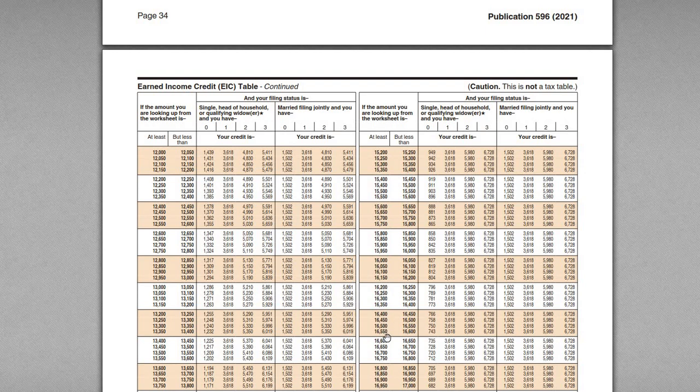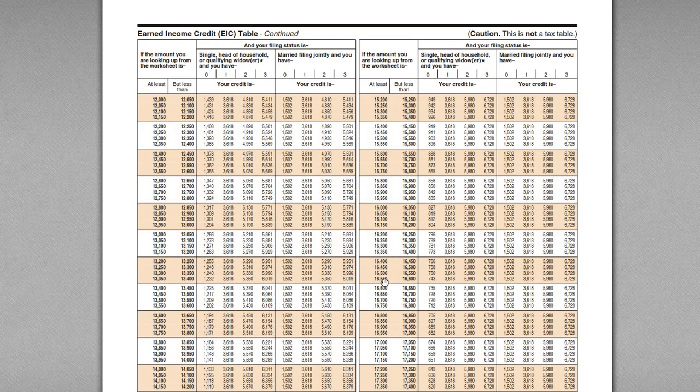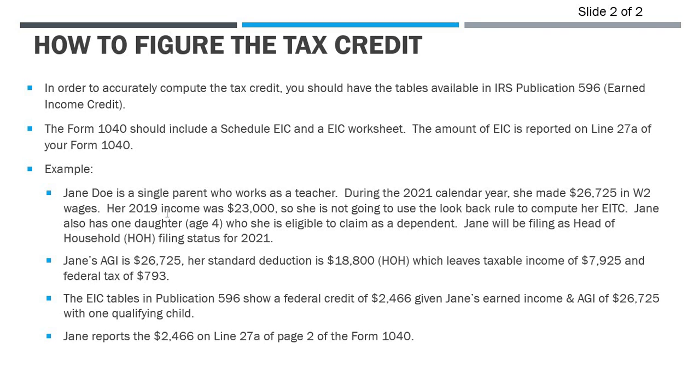But again, this is why it's so important to have the table in front of you. Now, if you're using tax software, they'll do this automatically, or at least they should. But if you're filling this out by hand, you're going to need this table in order to do the EIC worksheet. Okay, so now let's look at our fact pattern, and then we'll look at the 1040, and also reference the tables so we can look up the amount of the credit.